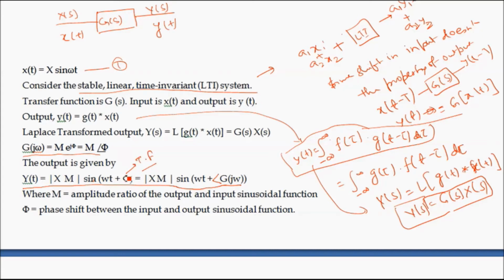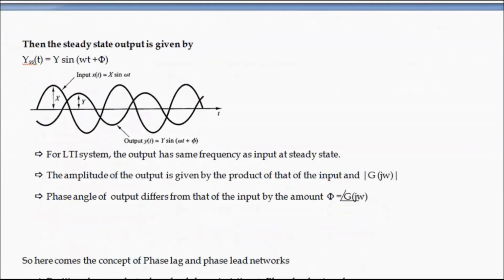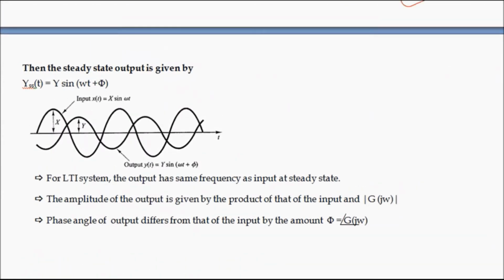This angle phi is introduced due to the transfer function, and the magnitude of the transfer function is multiplied by the magnitude or amplitude of input. So this is the concept. Now you may see the figure I have drawn: when the input is x(t), X sine omega t, it is represented by this curve.